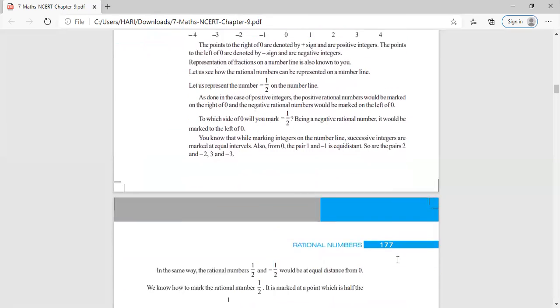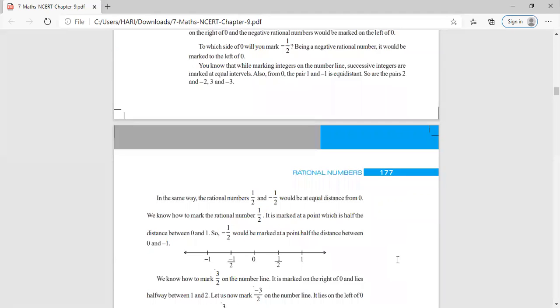Now we'll see how to represent 1 by 2 and minus 1 by 2 on the number line. Here 1 by 2 is a positive rational number and minus 1 by 2 is a negative rational number. First we will draw the number line and mark the points at equal distance. It is the main point you have to take care of.